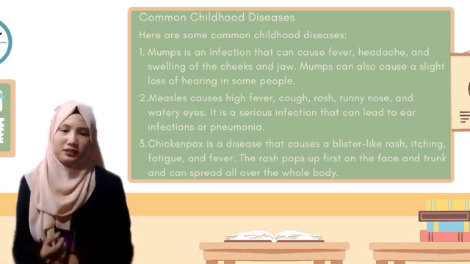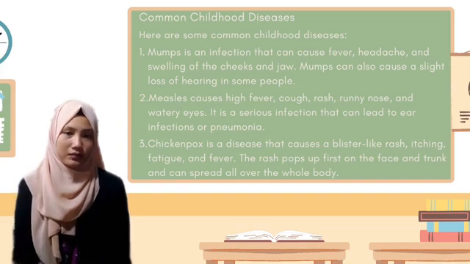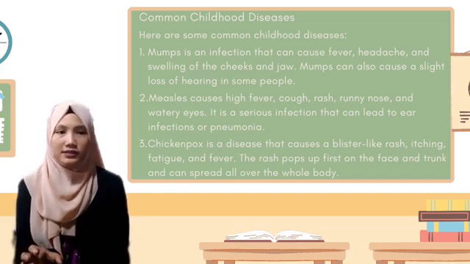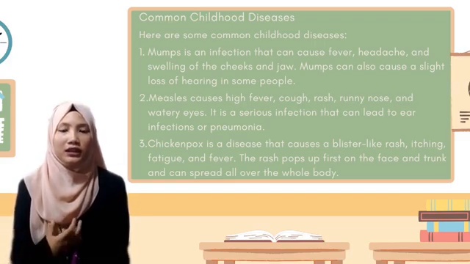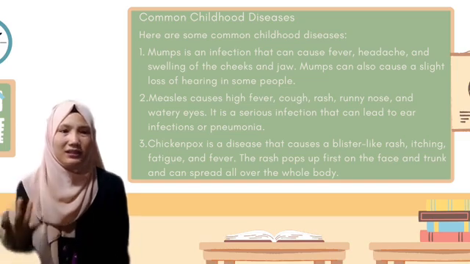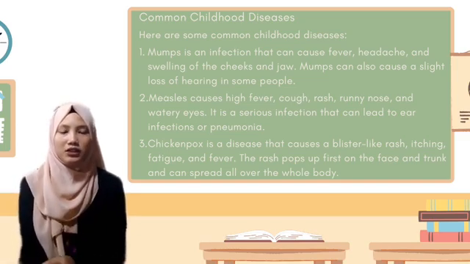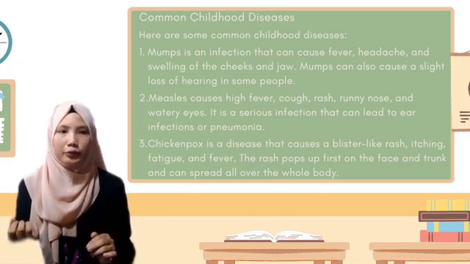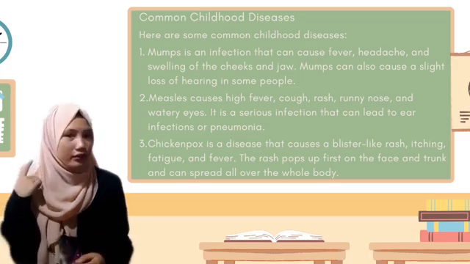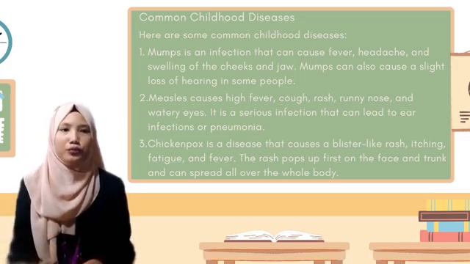So, yung measles ay nagiging reason para magkaroon tayo ng lagnat or ubo, then rash sa ating katawan, or pwede din ito mag-lead ng ear infection sa ating tainga or pneumonia.